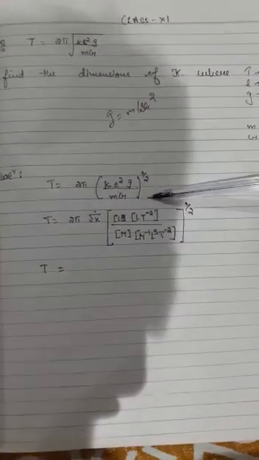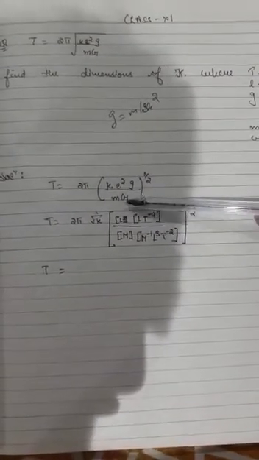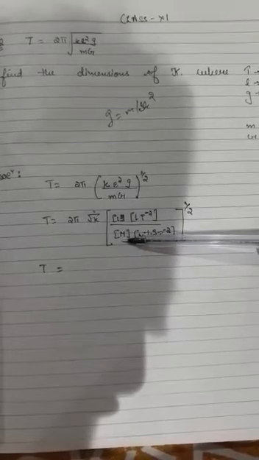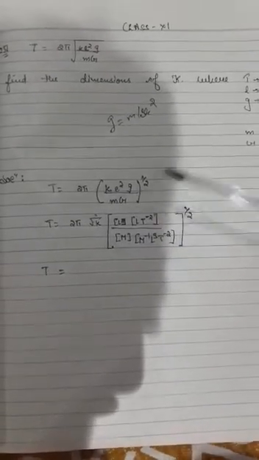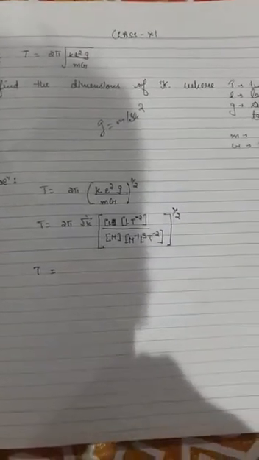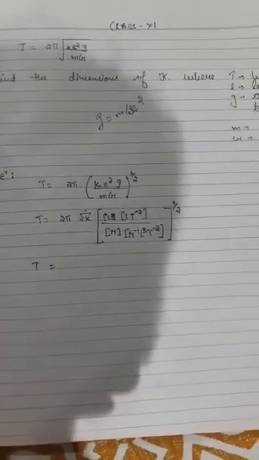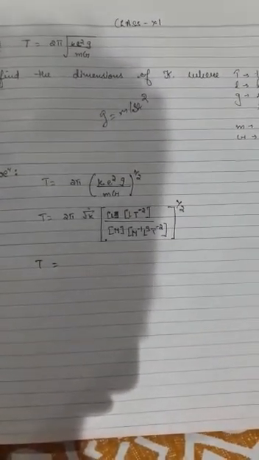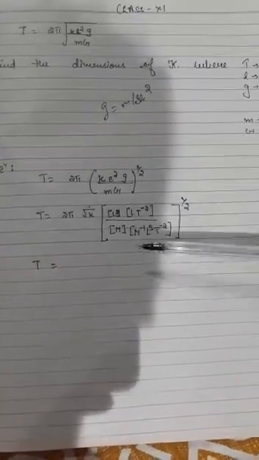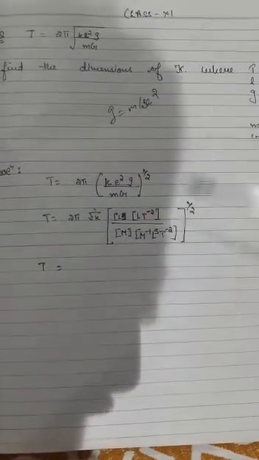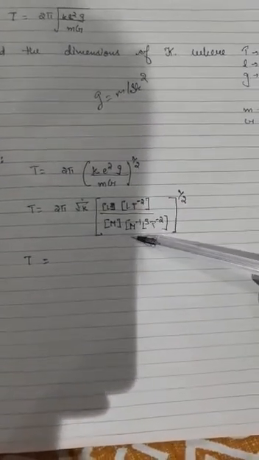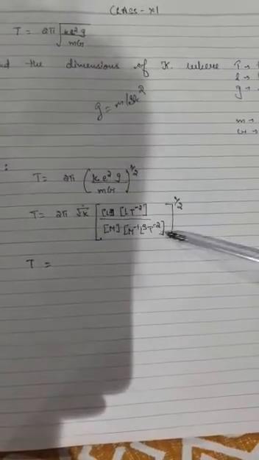Now come to the denominator. For mass I have the dimension capital M, and for G, the gravitational constant, I explained in the last video how we find its dimensions, and we found M inverse L cube T minus 2.